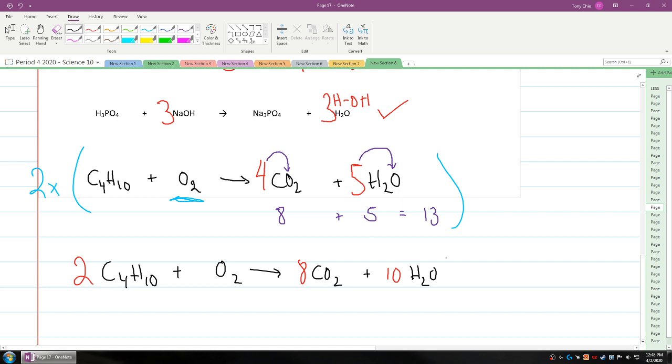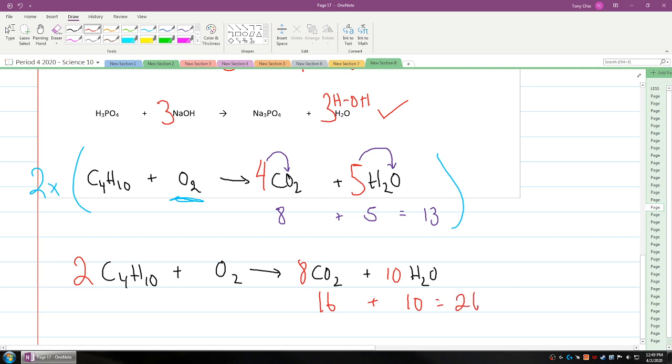So now, if you take a look at this, everything is still balanced from previously. You still have 2 times 4, that's still 8 carbons here, 8 carbons here. 2 times 10 hydrogens, you still have 20 hydrogens here, and you still have 20 hydrogens here. But this now allows you to balance those oxygens a lot easier. Why? Well, now you have 16 oxygens here and 10 oxygens here.